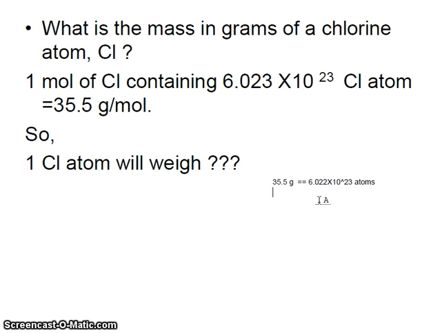So let's give it a shot in terms of what it would look like. You are given 35.5 as the grams per mole, and when you subject it to the dimensional analysis method, you would say that 1 mole contains, essentially, let's see if it allows me to put the underscore.